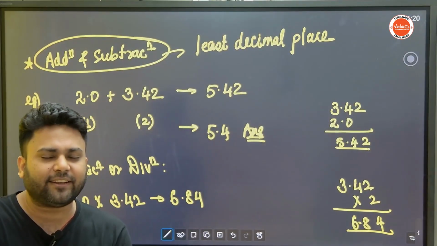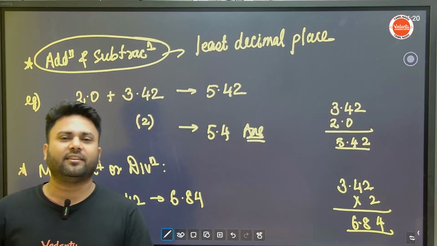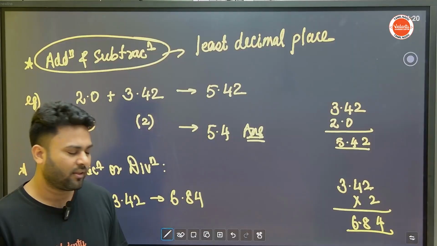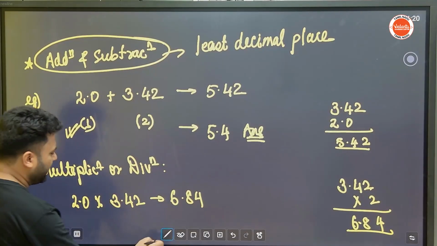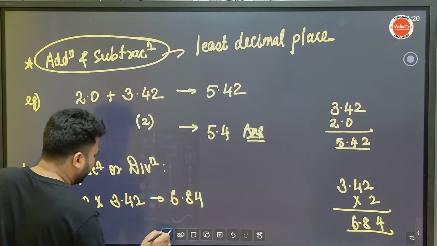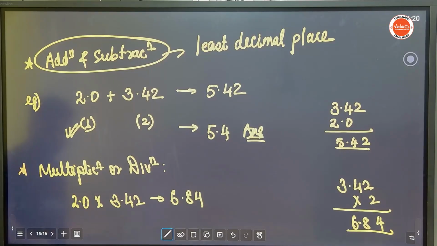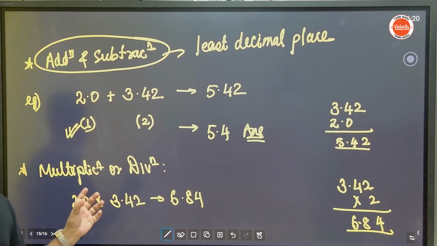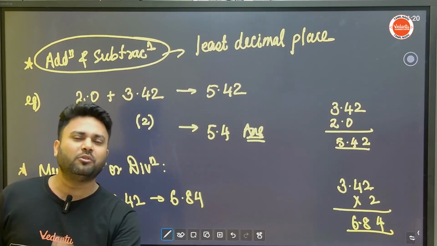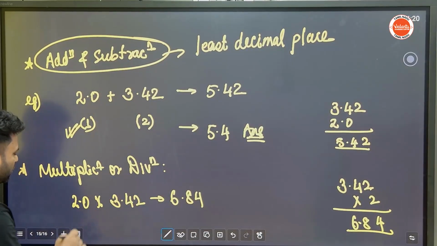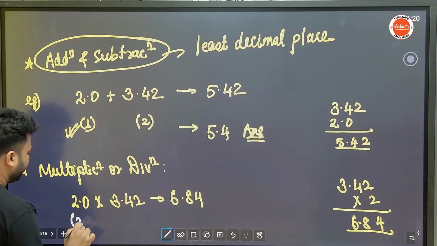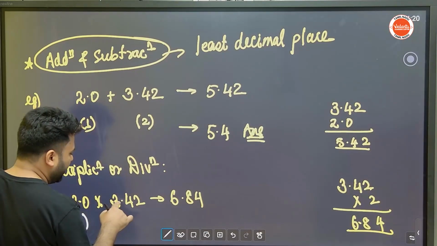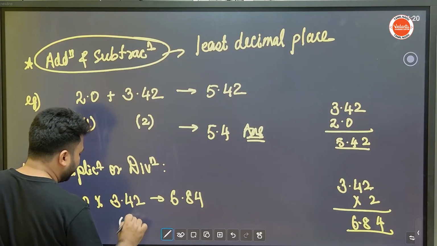Now here what is the rule? Here it says that if you have multiplication or division, you see the least significant figures. Like in this question, 2.0, how many significant figures are there? Now see, this is a non-decimal number. This is a decimal number. So you have to count 0. So 1 and 2, 2 significant figures are there. Here, how many significant figures? 1, 2, 3. 3 significant figures are there.